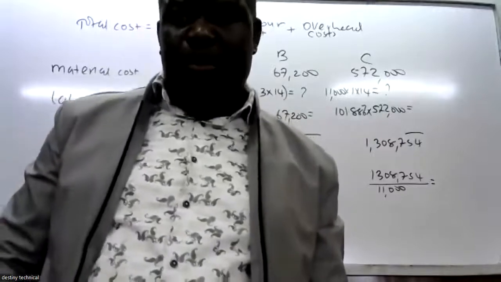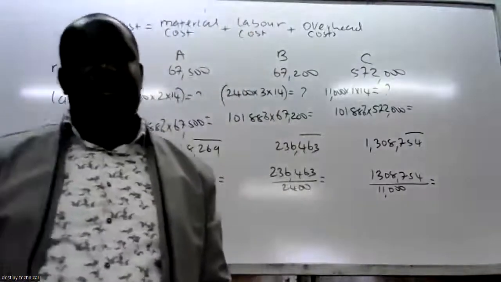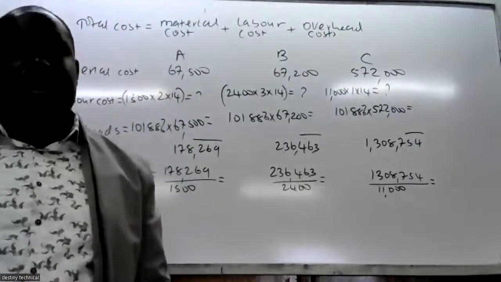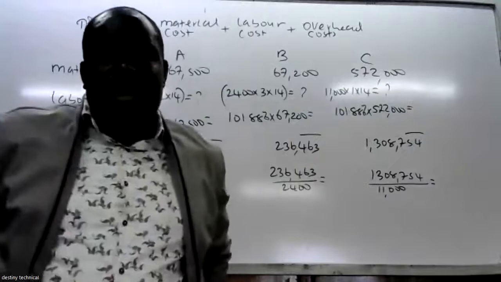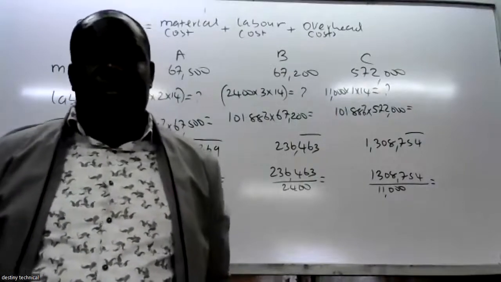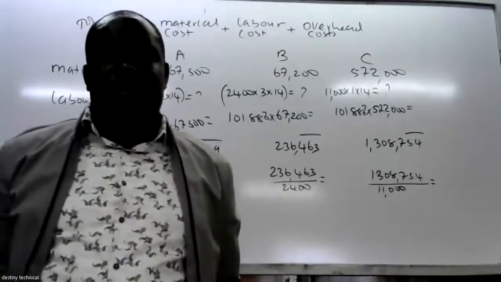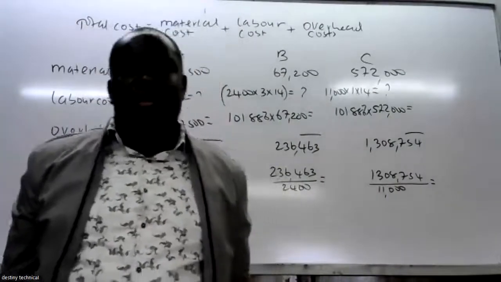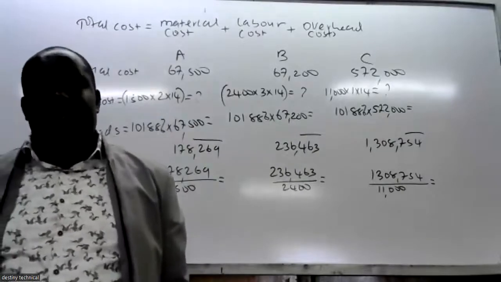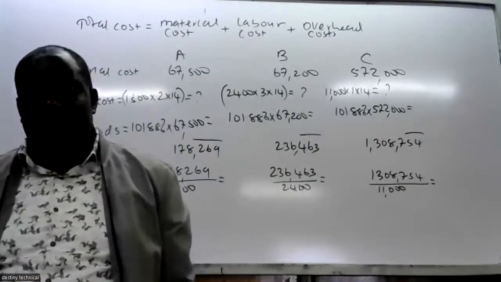So step number 1 and step number 2 have already been identified for you. In step 1 we identify the main activities, in step 2 we identify the cost drivers. The cost drivers have also been identified.